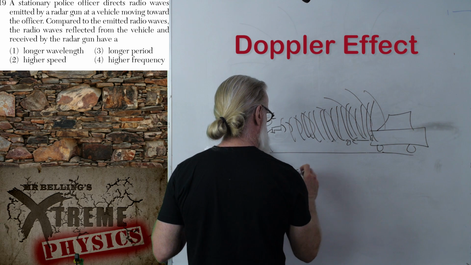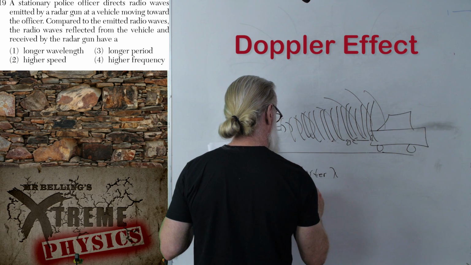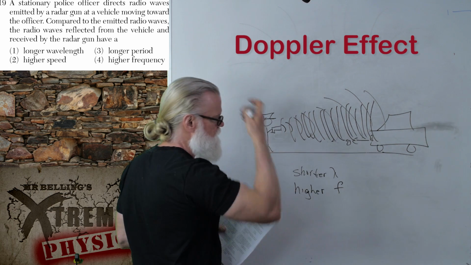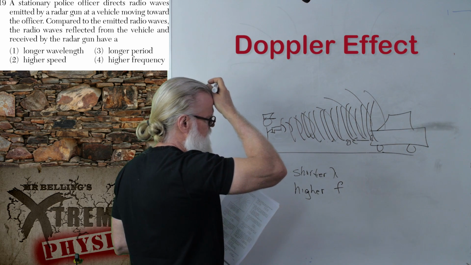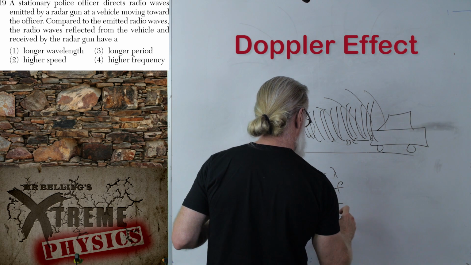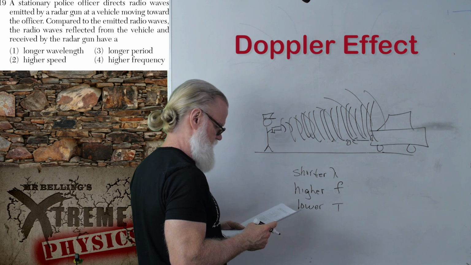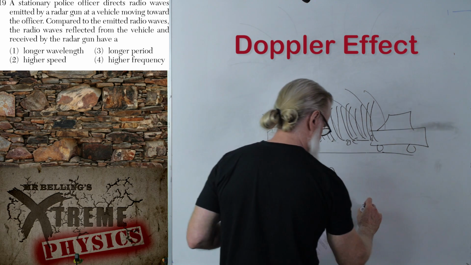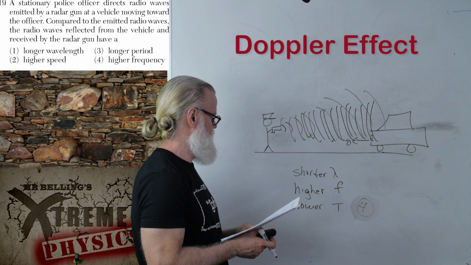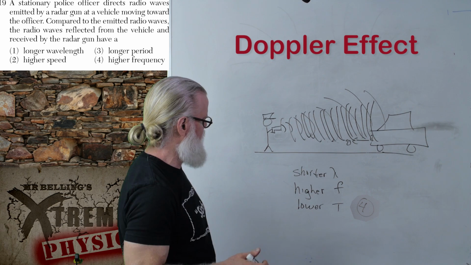They have a shorter wavelength, a higher frequency, and therefore a lower period, because frequency and period are reciprocals. So a higher frequency, right? Frequency and period are reciprocals of each other.